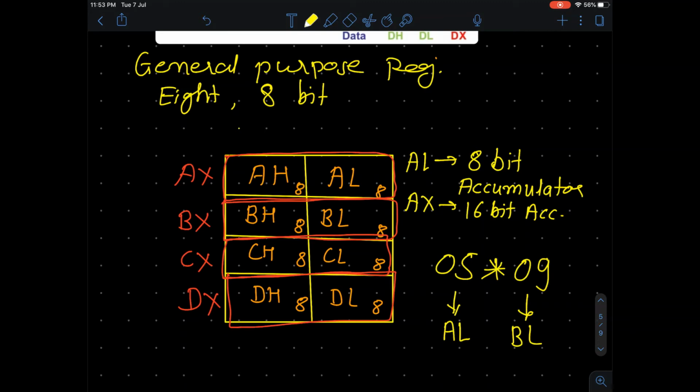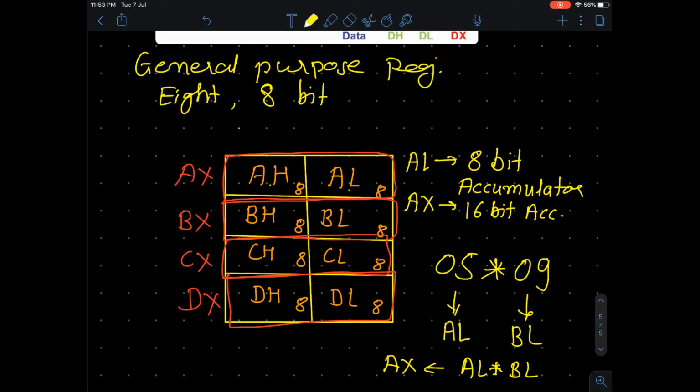Then the multiplication of these two numbers is performed and the result is stored in the AX register. For operations such as multiplication, division, and BCD addition, the AL or AX register is a must. That's why this is also referred to as the accumulator, and this is the special purpose of this register. Is it clear?